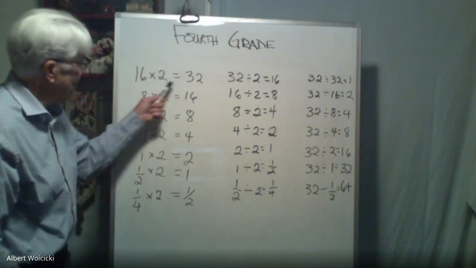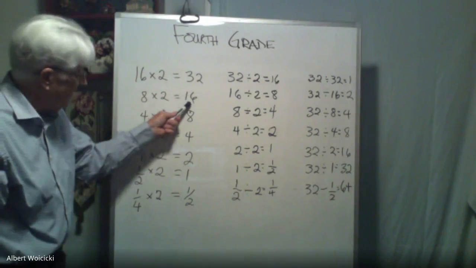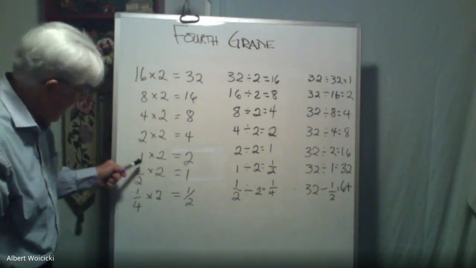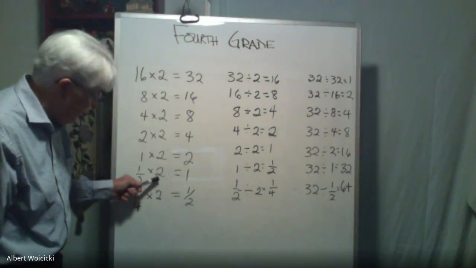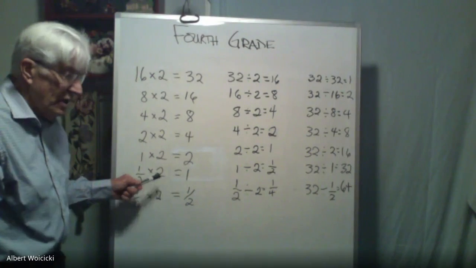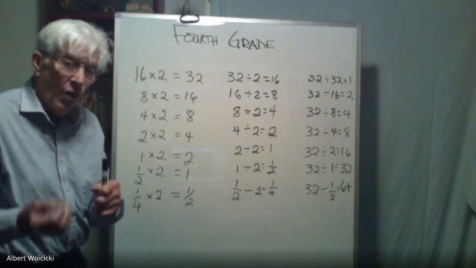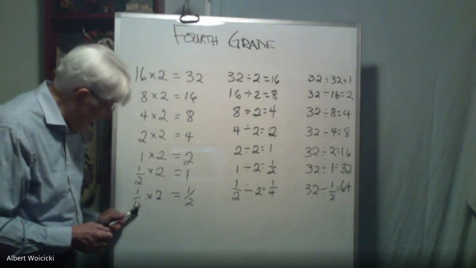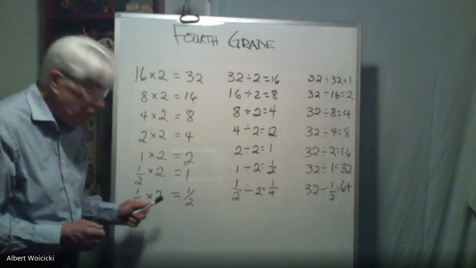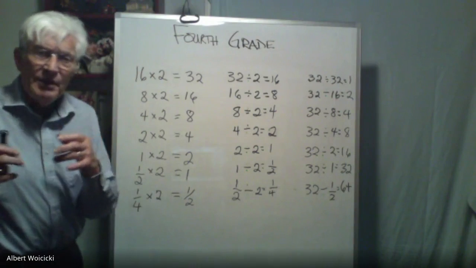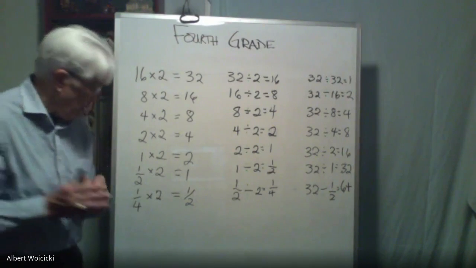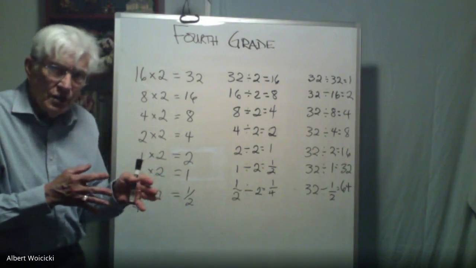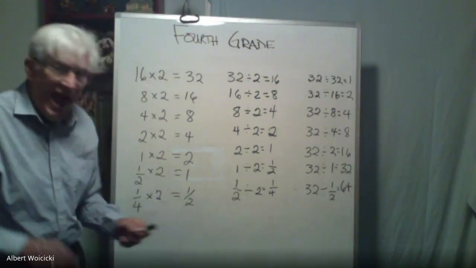Well, 16 times 2 is 32, and then we get 16, 8, 4, 2, and then we have 1/2 times 2, which is really 2 halves, which is 1. And then we have a fourth of 2. So we're really saying how many fourths? Down to a fourth, a quarter of 2, and that's 1/2.